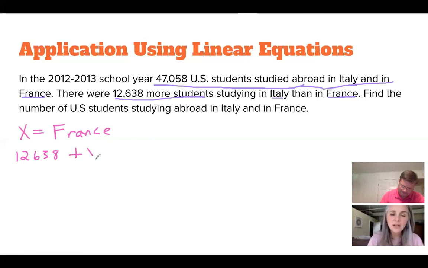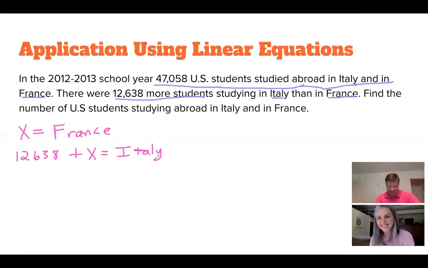And for those following along right now, I tend to not use X in problems like this. I probably would have said F equals France, and then France plus 12,638 would be Italy. So if you like your variable to match what's happening in the problem, you use whatever letter you want. You can even use the word France, but you would be here forever watching me write the word France.